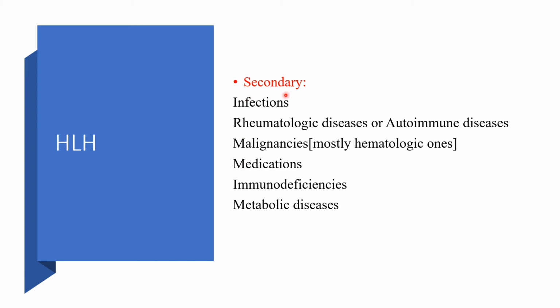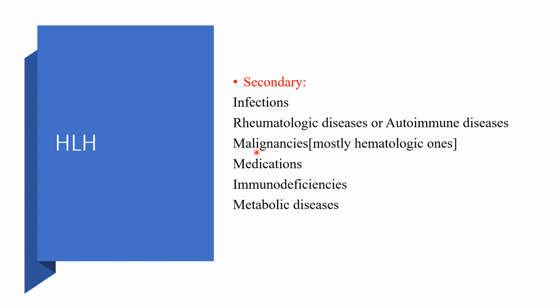Now, secondary causes of HLH, meaning it is not genetic in origin, so this time it is environmental. It is either as a result of infections or rheumatological diseases or autoimmune diseases. Of course, when there is one autoimmune disease, we have to look out for other autoimmune diseases.